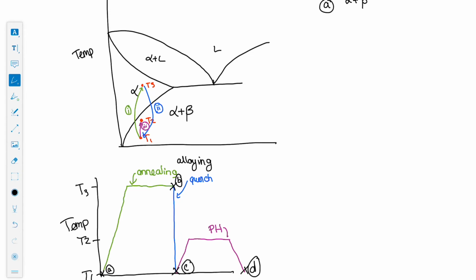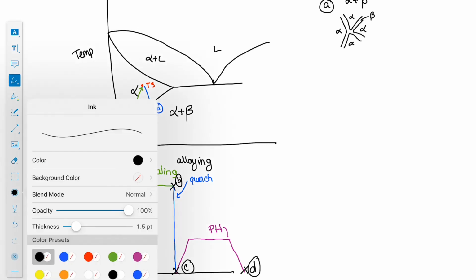It's going to look something like, let me see if I can draw it. We're going to have some alpha grains, so we'll treat it like this: alpha, alpha, alpha, alpha, and then those spaces in between, we're going to call those beta. So this is our starting point.